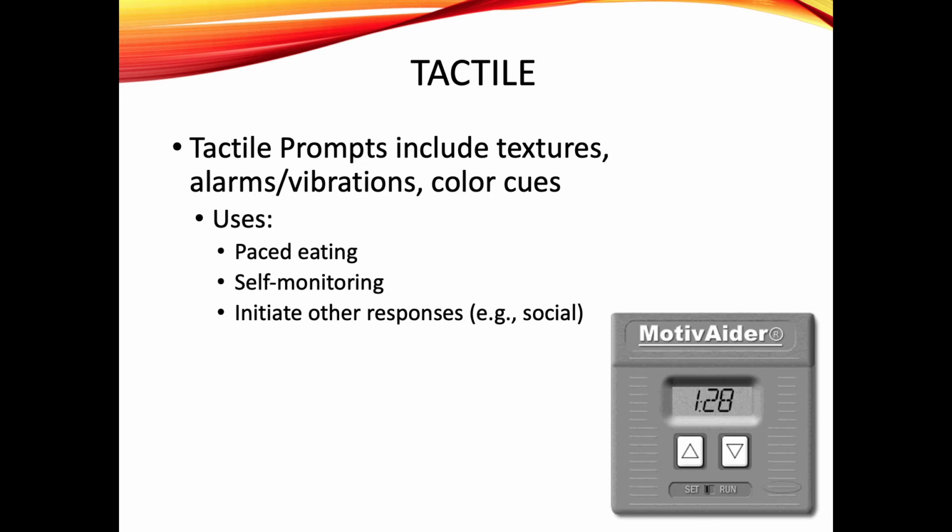So we can actually pace their eating by providing prompts that it's now time to take a bite. Again, obviously there are other procedures in here like physical guidance and so forth.